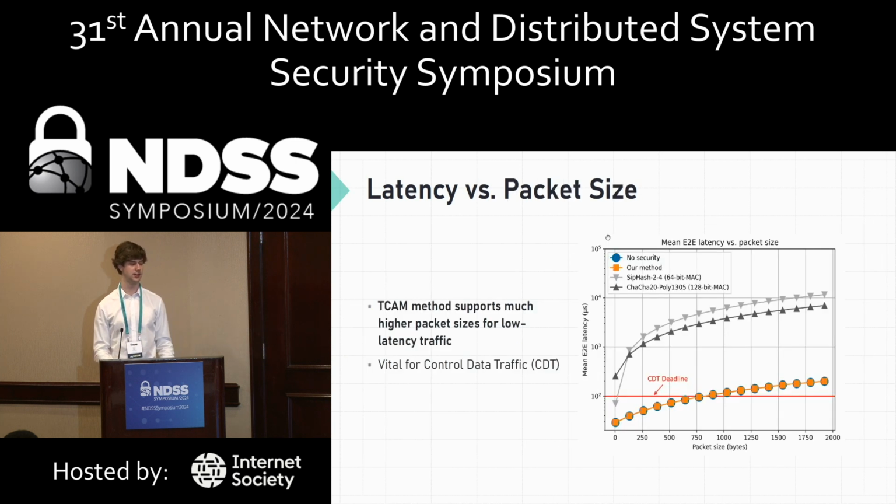If we look closer at the latency as an effect of packet size, we can see that when we're trying to send control data traffic with very low latency deadlines, such as 0.1 milliseconds, having a TCAM firewall lets you send up to 750 bytes in a packet, whereas the lightweight cryptography techniques immediately lower you down to around 4 bytes or so, if that.